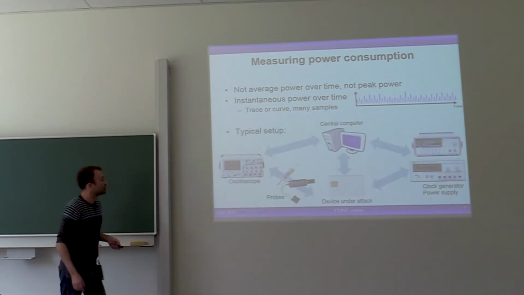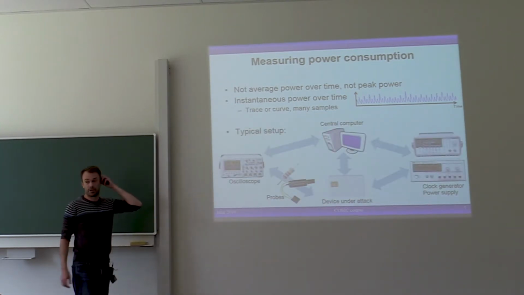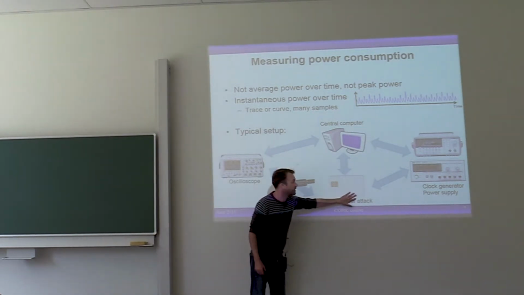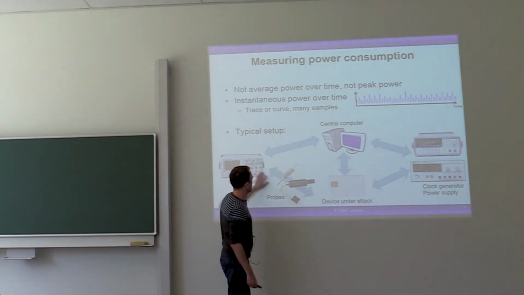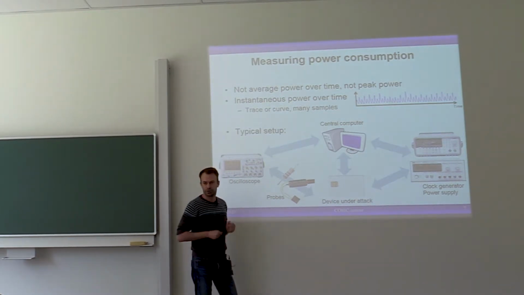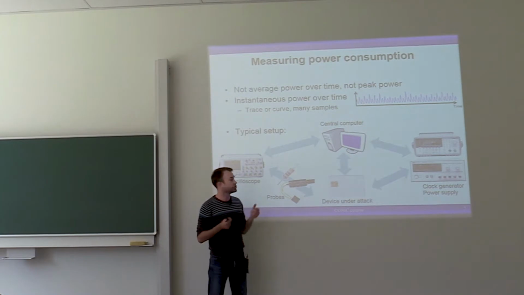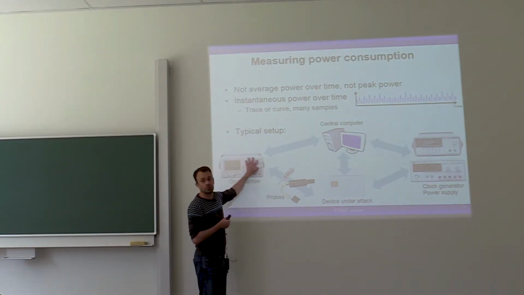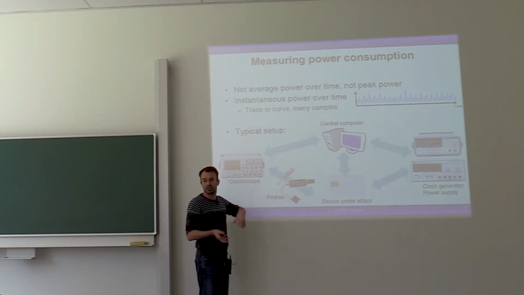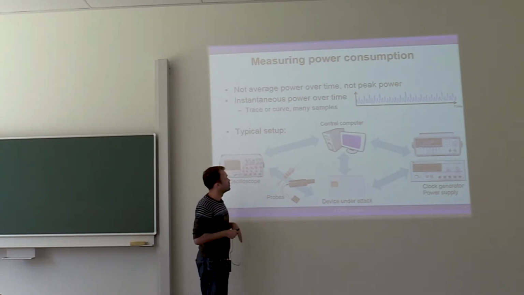To get that, we need some equipment in our lab. Here's the device that we want to attack, for example, a smart card. We need some probes, to measure whatever quantity we want to measure, power consumption, radiation, and so on. That will be connected to an oscilloscope, which basically turns consumption into numbers so that we can use them later.